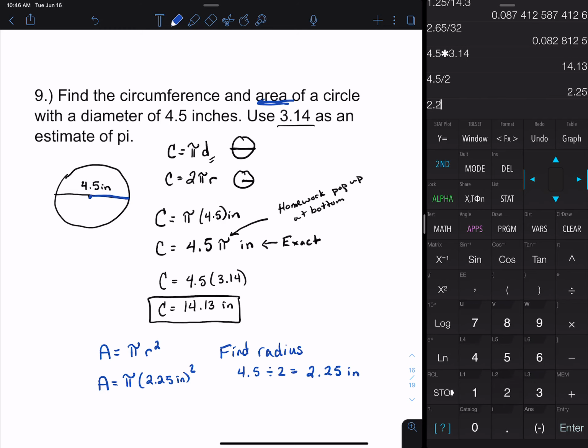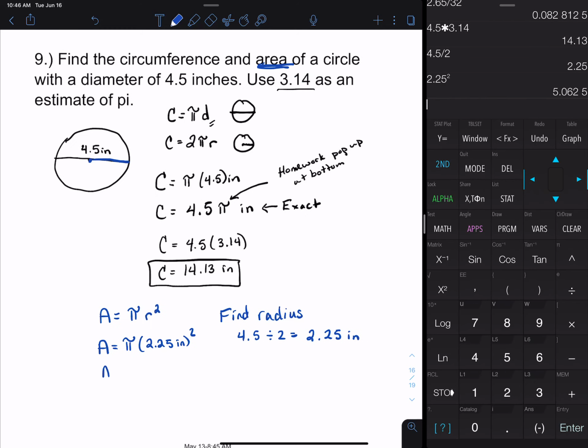So 2.25 squared, and I'd say that my area is 5.0625 pi, and then inches squared is my units there.